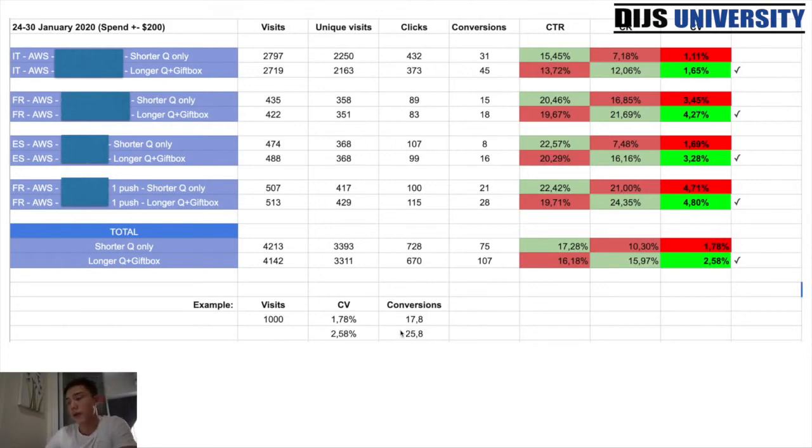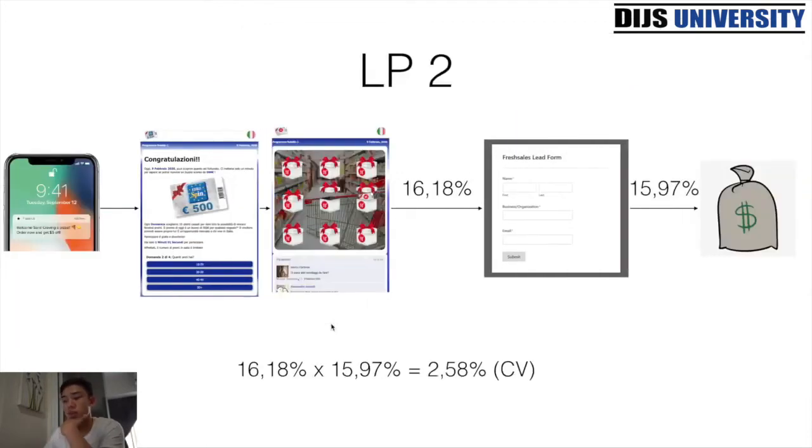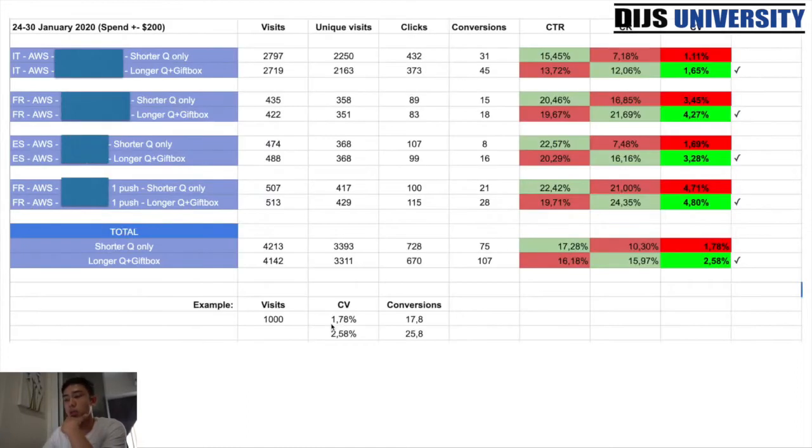So that would mean, in perspective, that for every 1,000 visits, with the conversion rate per view that I just mentioned, 1.78% for landing page 1 and 2.58% for landing page 2, we would get 17.8, so let's say 18 conversions for landing page 1, but 26 conversions for landing page number 2.